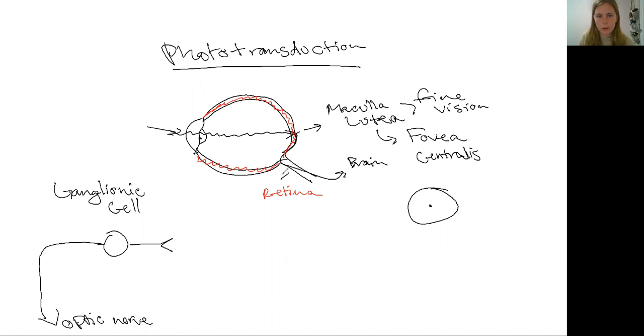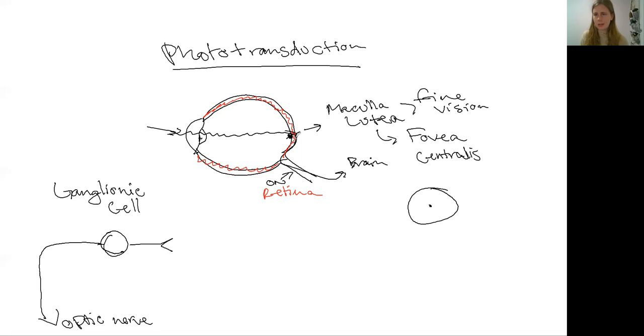Here's the optic nerve right here. So the ganglionic cell is the first layer that the light will pass. The light does not interact with the ganglionic cell directly because the light goes all the way back to the layer that's furthest back. Don't ask me why that is.